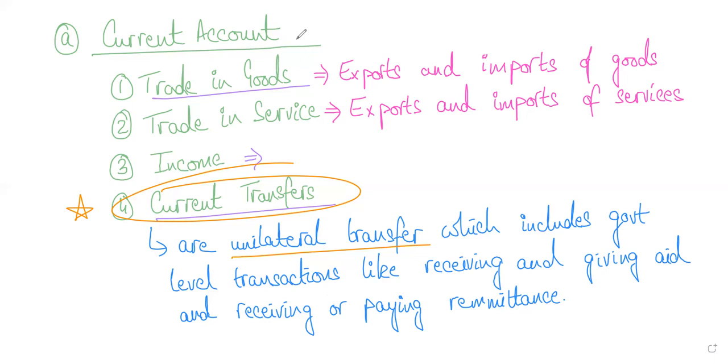One time initially when you receive the loan, that is just one side of the transaction, right? You're receiving money, so that will be inflow. But in future, when you pay back that loan, that would be a debit entry because money is going out of the country. Preet, does this help?